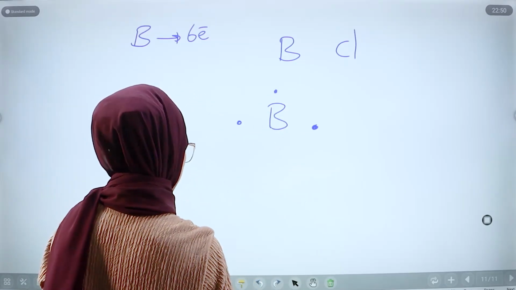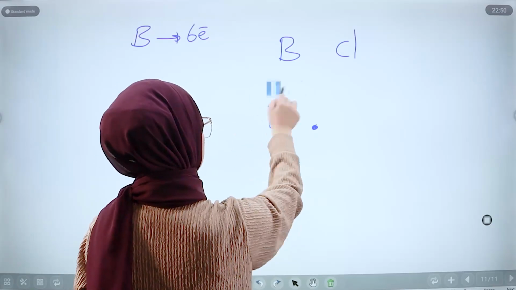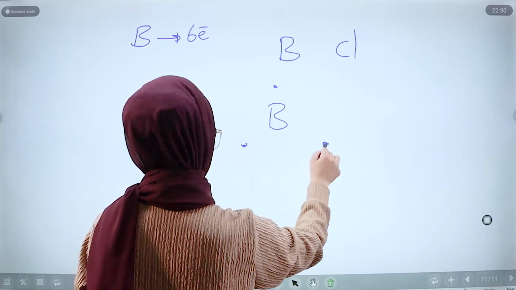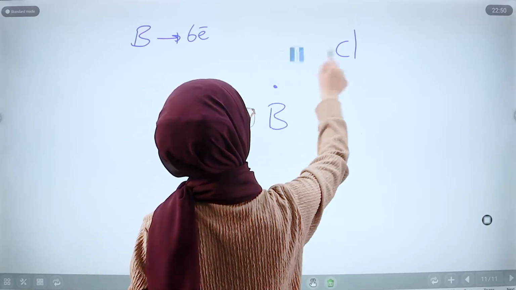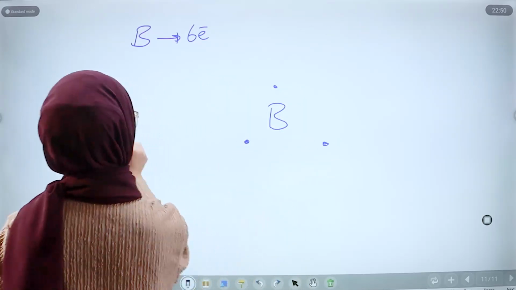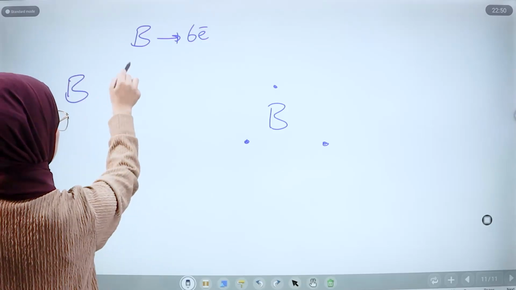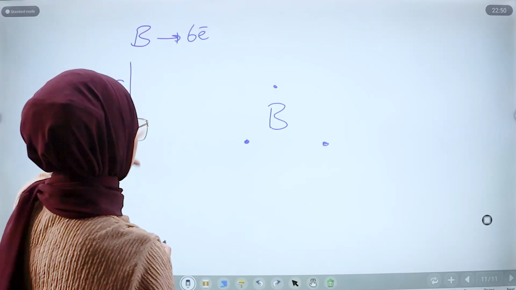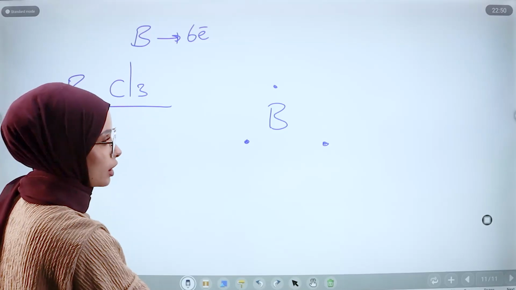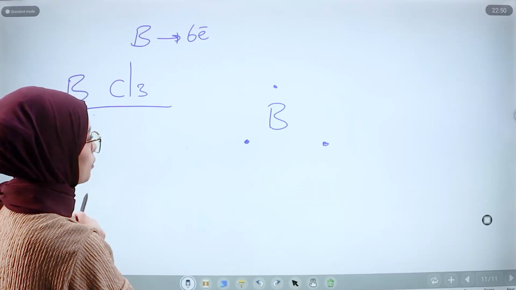Let me write it in a proper way because it has a specific shape. You will learn it later like this. I will draw this to make a space. Concentrate, please. It is easy. I have boron and Cl. Now I have BCl3. This is my compound, my covalent compound.